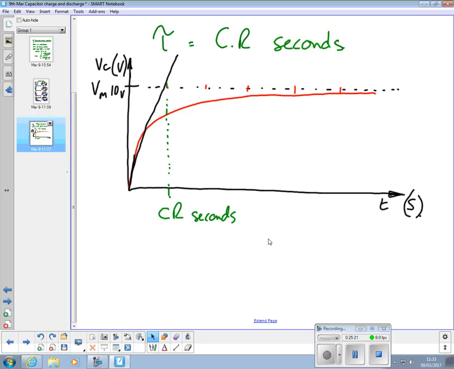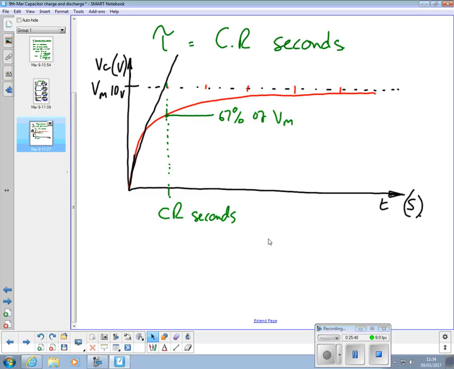What you'll find through calculation later is that after CR seconds, that point there, it actually gets to about 67% of VM, so about 6.7 volts.